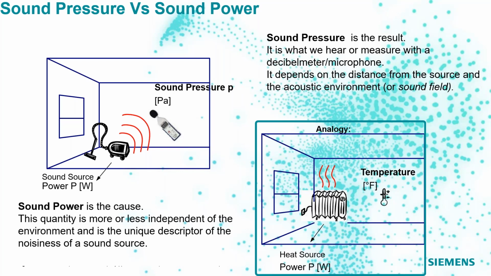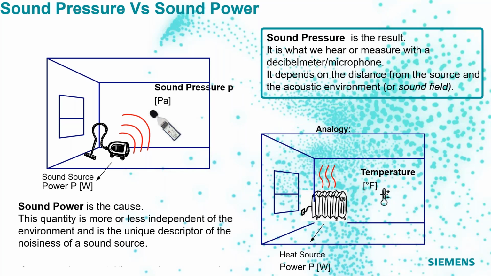So if I took that thermometer and put it right on the heater, it'd be really high, whereas if I went to the furthest adjacent wall, it would be much lower. So sound pressure, if you look at the definition up there, is a result based on where we measure it. It depends on the distance. Same thing with temperature. It depends on the distance from the source that we're trying to measure.